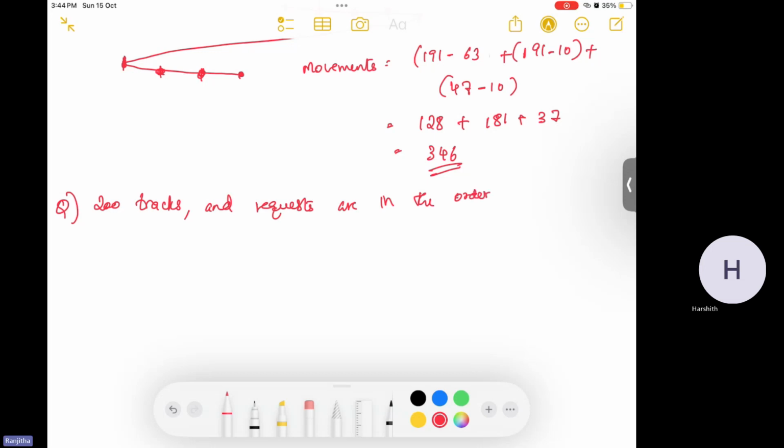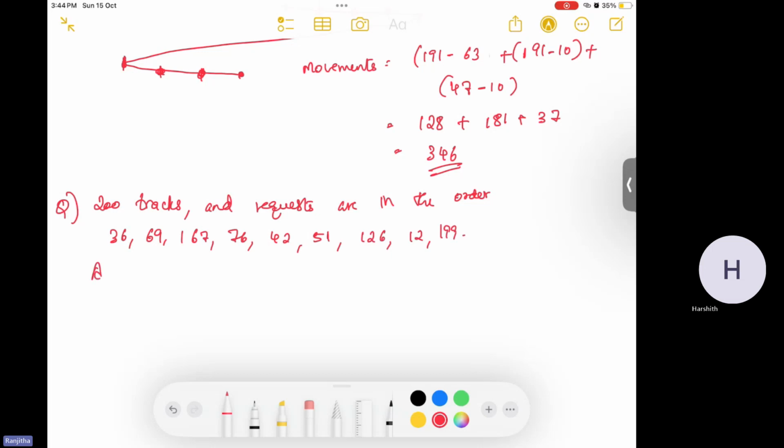Requests are in the order 36, 69, 167, 76, 42, 51, 126, 12, and 199.